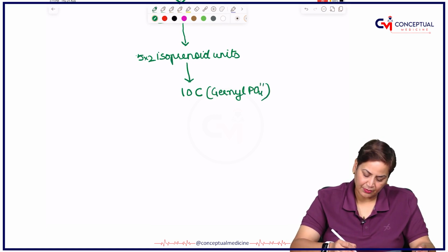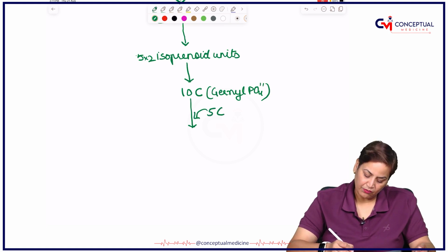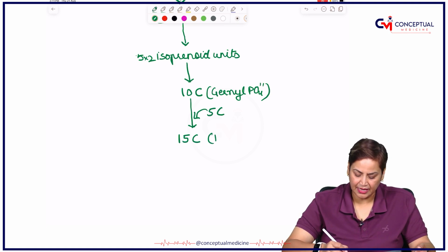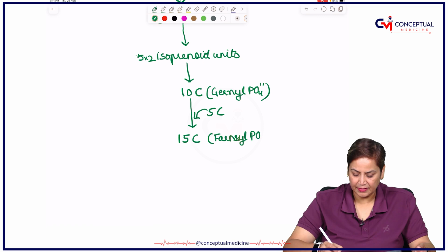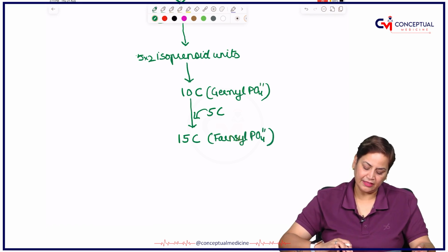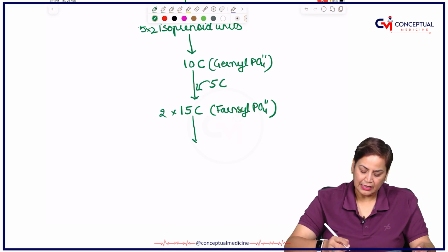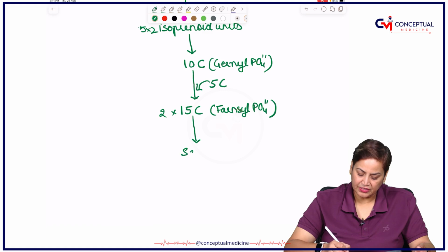This 10 carbon unit will combine with 5 more carbon atoms, forming a 15 carbon species, which is farnesyl phosphate. And this 15 carbon unit, again into 2, is going to form 30 carbon atoms, which is squalene.